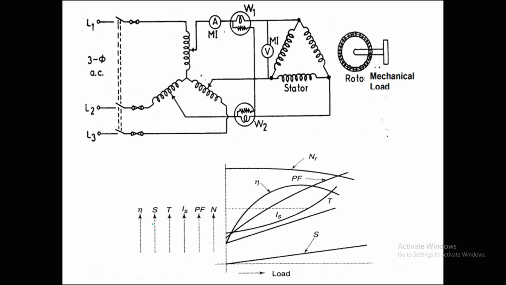By using those mathematical expressions we can obtain the values, and we are going to obtain the relation between efficiency, torque, slip, motor, power factor, everything with respect to the mechanical power developed. We can say this as P0, that is output power. So this is going to indicate the performance characteristics of a three-phase induction motor.